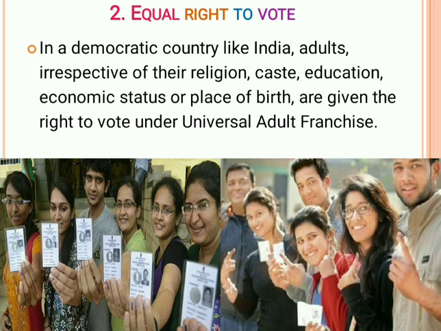The universal adult franchise means all Indians who have completed the age of 18 will get the voting right, without any discrimination. They will get the right to select their representative. That is called universal adult franchise.